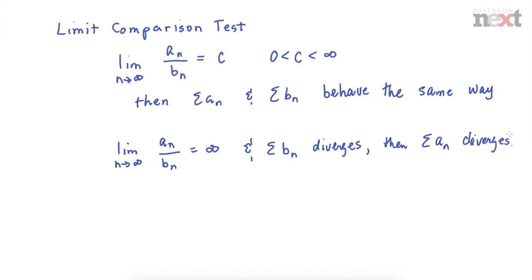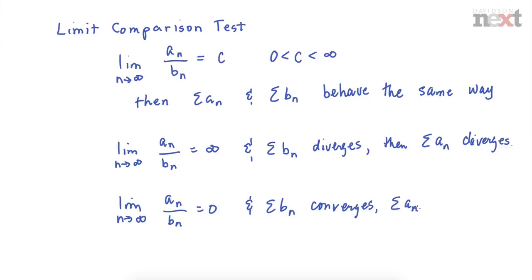You grow faster than a divergent series, then you will diverge. And finally, if that limit went off to 0, meaning that the a n's grow more slowly than the b n's, and we also knew that the b n's converged, then we know that the a n's will also converge. Smaller than a convergent series will also converge.